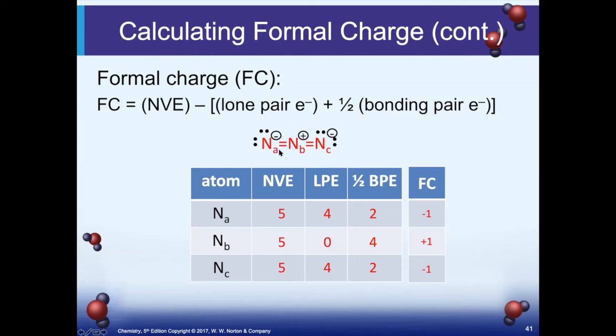Since this is a -1 ion, these formal charges better add up to -1. Well, -1 + 1 - 1 does add up to -1. So the sum of the formal charges must equal the overall charge. All right, so that's how you calculate formal charges, how you use the equation and how you apply it.